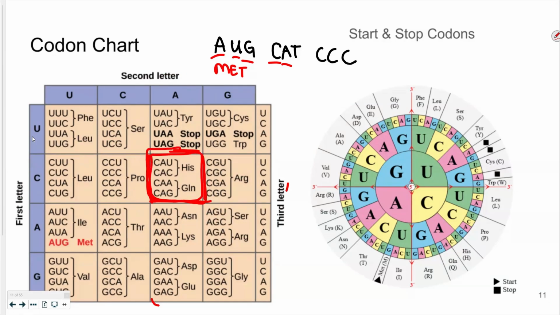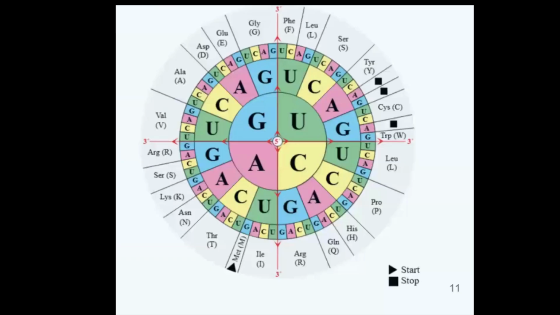And our last, oh, I know what I did. See, even other people make mistakes sometimes. That should be a U because there's no T's in RNA. So CAU, haha. CAU, there's our guy.